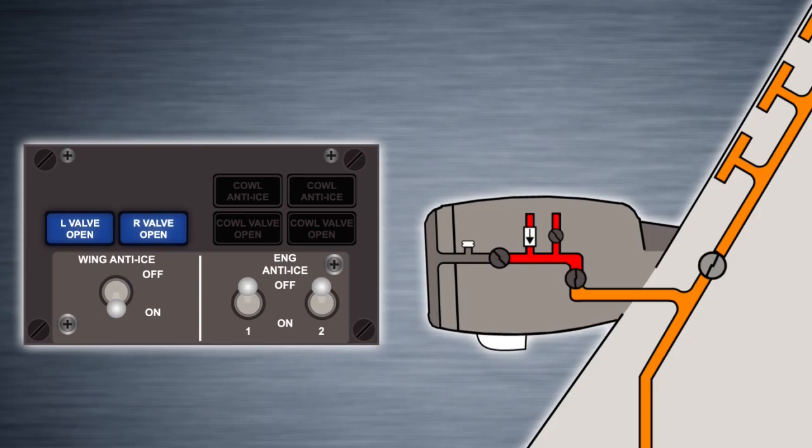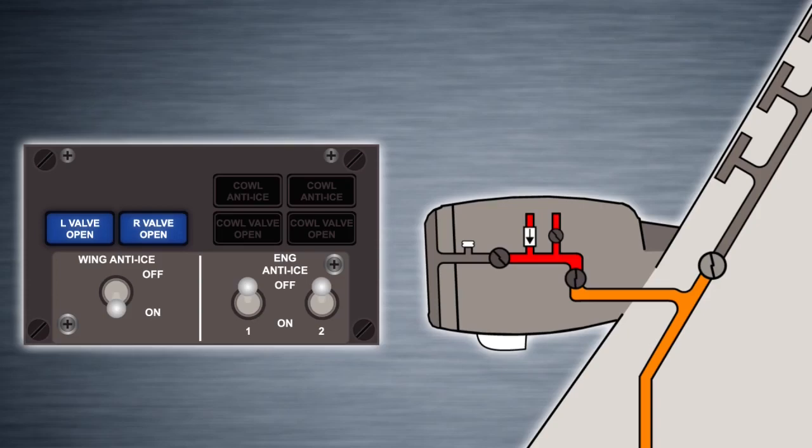Overheat in either duct and subsequent tripping of the related thermal switch will close both wing anti-ice control valves. When the wing anti-ice control valves are tripped closed, be it due to an overtemperature or by exceeding 60 degrees thrust resolver angle on the ground, the wing anti-ice switch will remain in the on position.